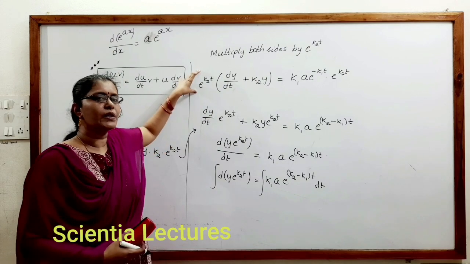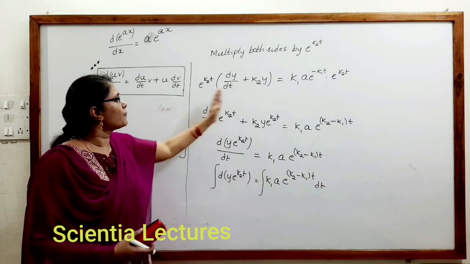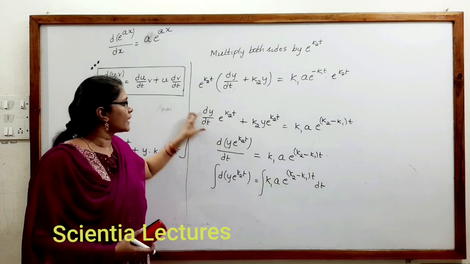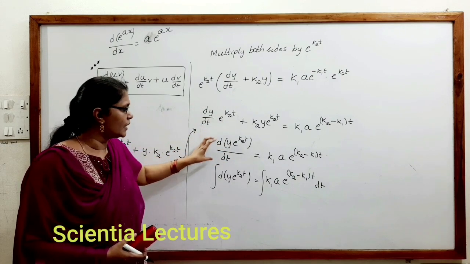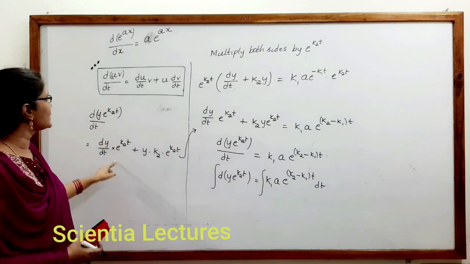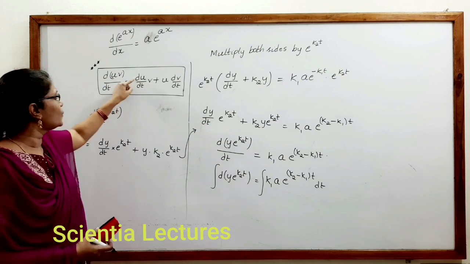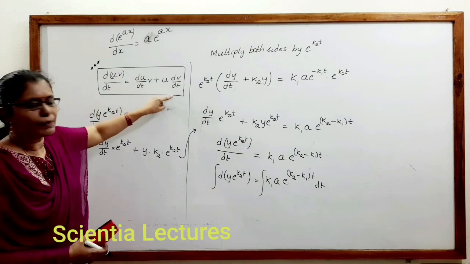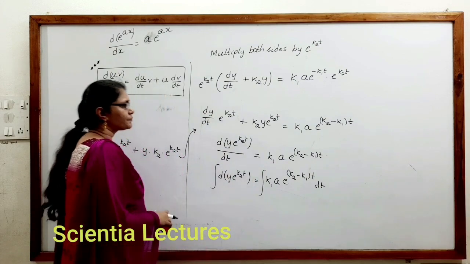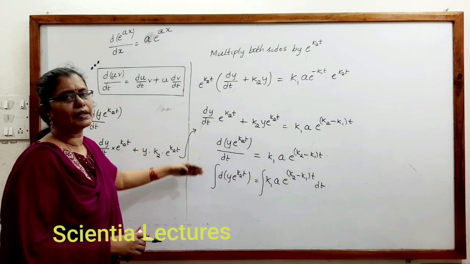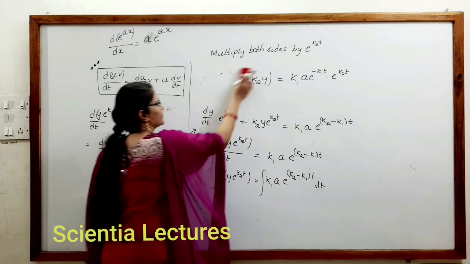Now, if you multiply this with e^(k2t), this complete thing becomes the differential of y e^(k2t) by dt, according to the formula d(uv)/dt equals v into du/dt plus u into dv/dt. So when you integrate on both sides, let us check this clearly up to here. You can note it down. Then we will see the integral part.